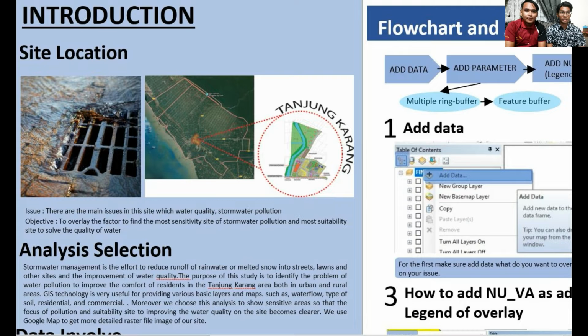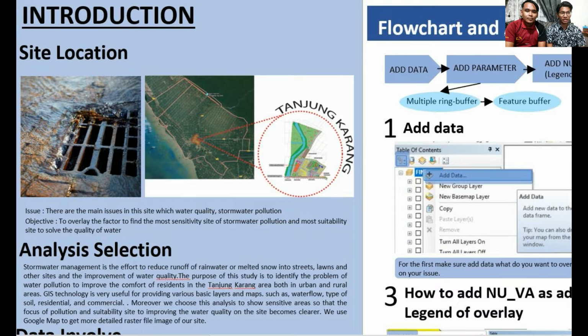Stormwater management is the effort to reduce runoff of rainwater into streets and lawns, and to improve water quality. The purpose of this study is to identify the problem of water pollution to improve the comfort of residents in the Tanjung Karang area, in urban and also rural areas.